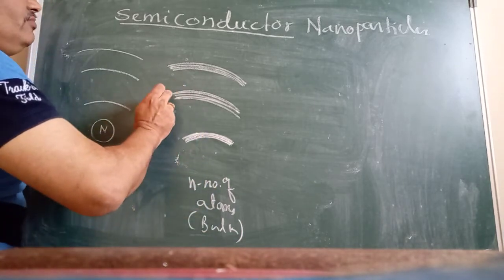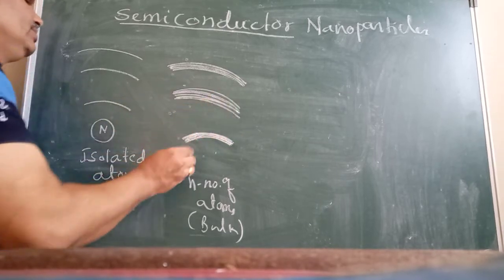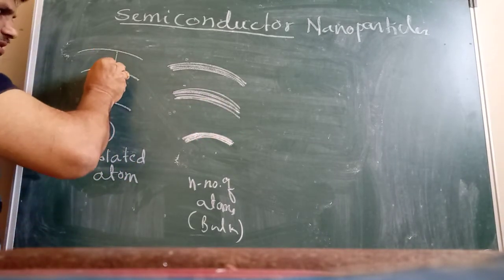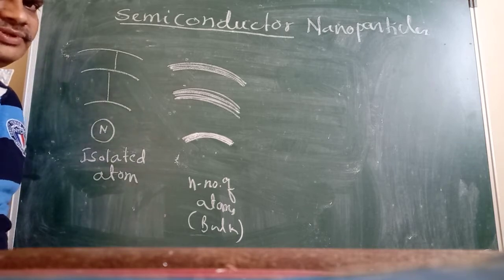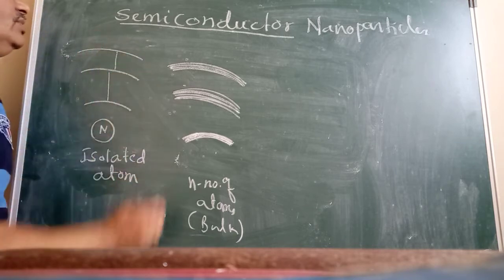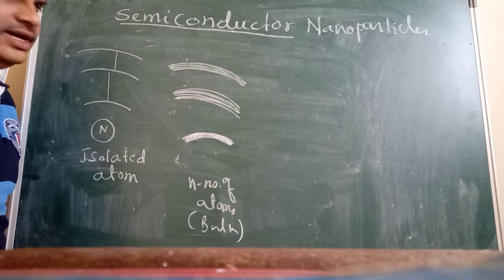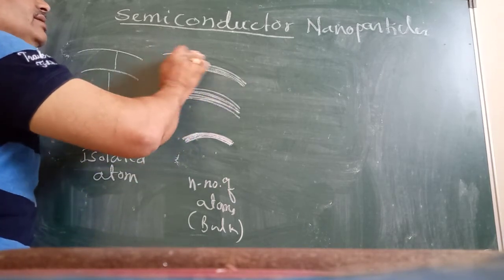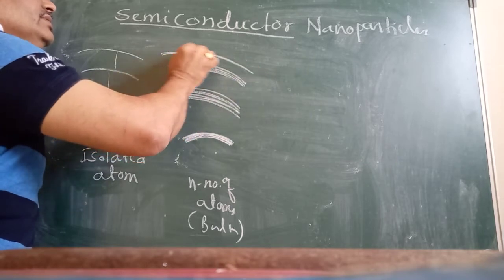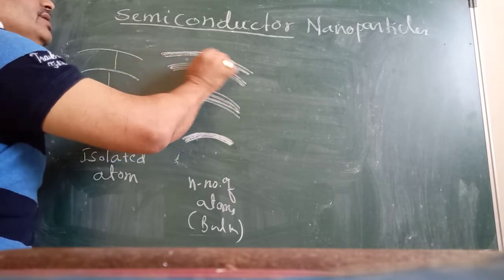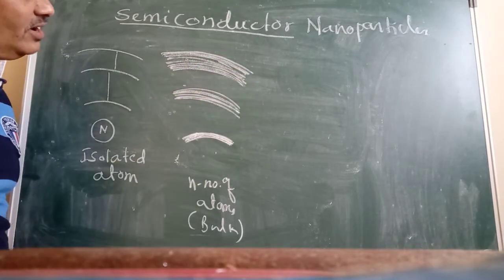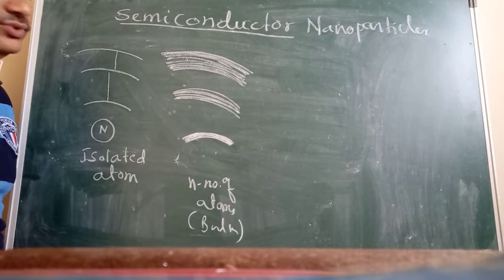The difference here is large, and the difference between the energy levels is less. As you go to higher and higher energy levels, they split into different energy levels, and these are superposed.